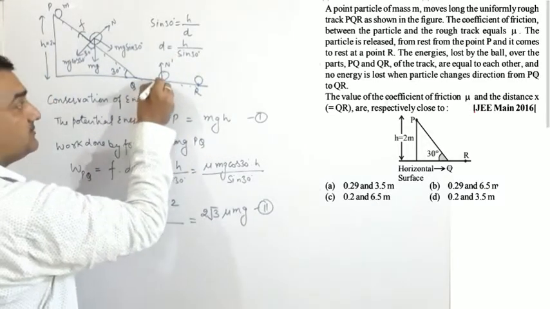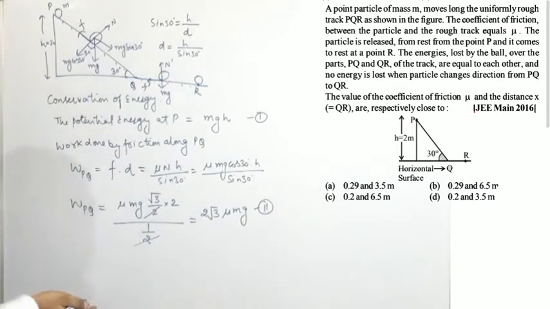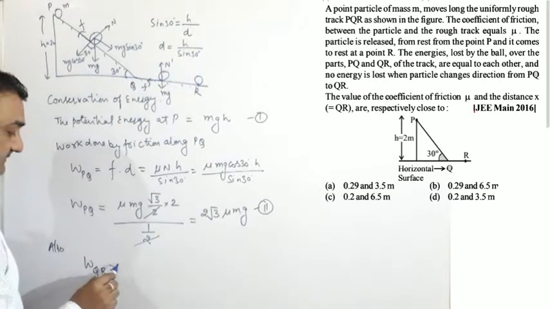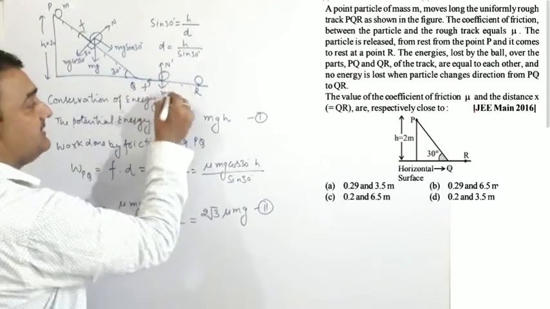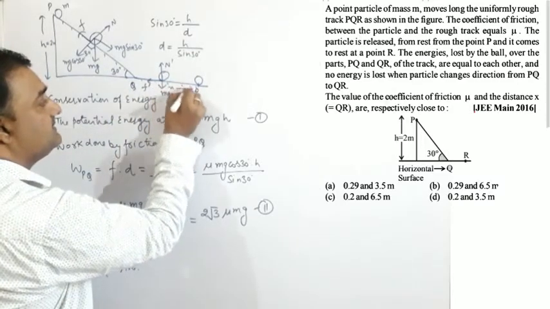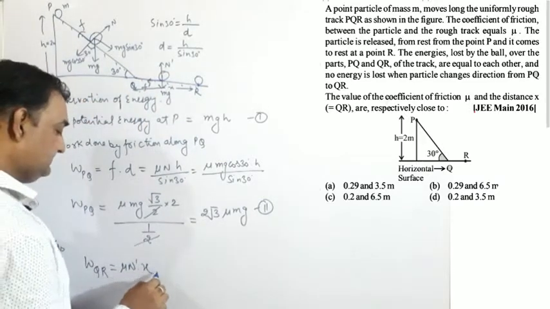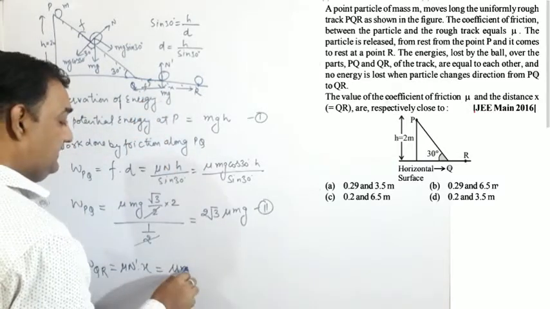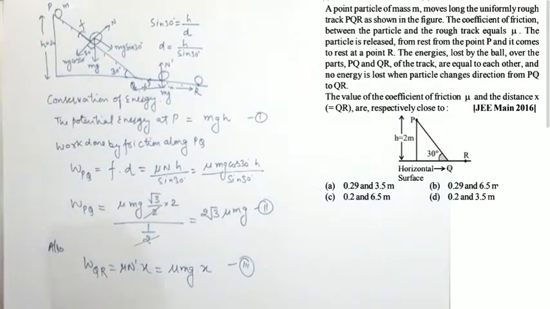So the friction force along QR is f dash, and the work W Q to R is equal to mu n dash into this distance, which is given as x, or we have to find this x. So this is mu, n dash is actually mg here, and this is your displacement x.